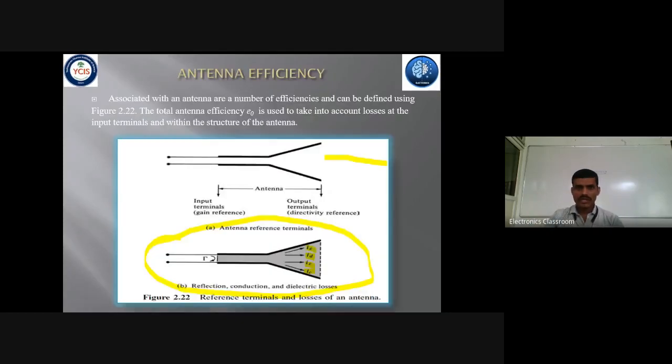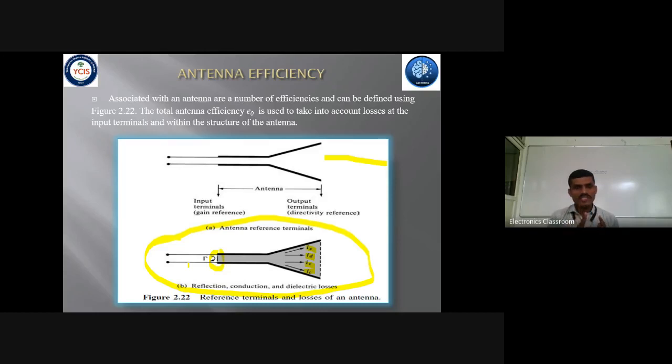Now, again, this is your antenna and transmission line, the point where antenna and transmission line are connected to each other. When antenna and transmission line are connected to each other, at that time, characteristic impedance or impedance matching of that particular antenna and transmission line is the most important part.